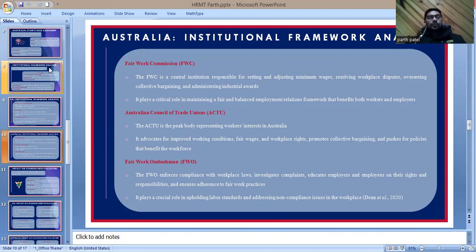They also make some policy for their labor and their employers. Third is the FWO. The FWO enforces compliance with workplace law, investigates complaints, and educates employers and employees on their rights and responsibilities. They can teach their roles and responsibilities in the workplace.